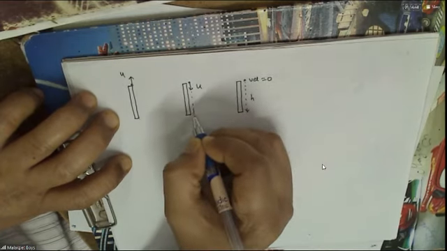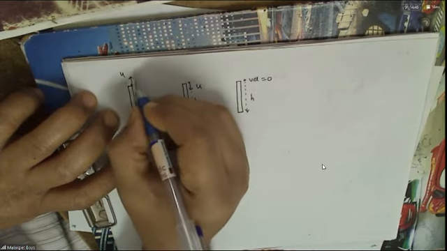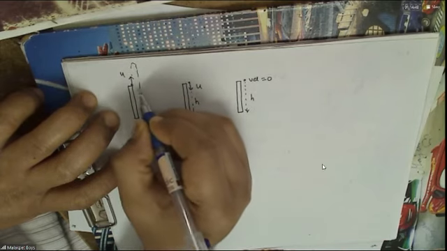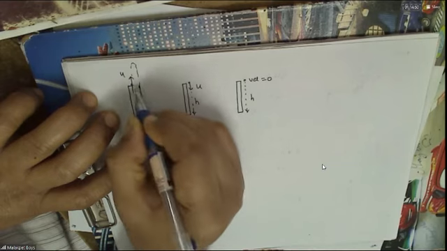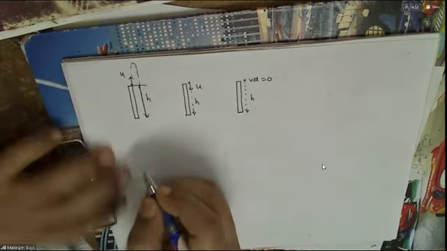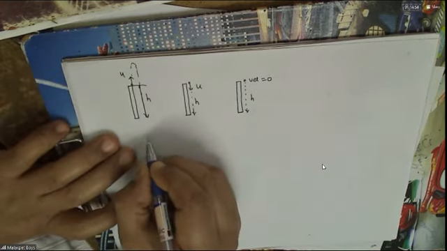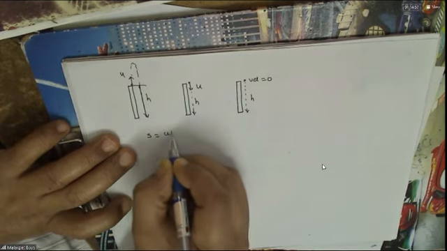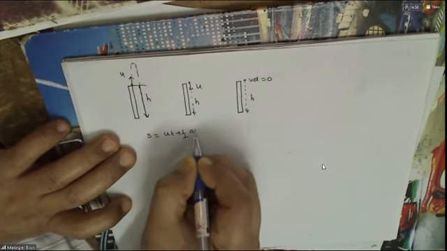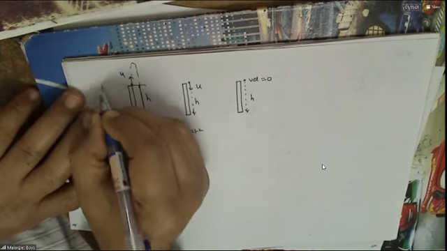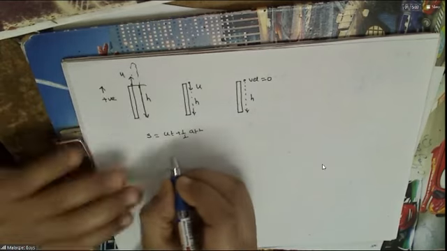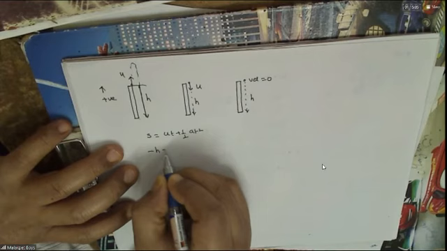So the displacement vector is from here to here only. You can see that S is equal to UT plus half AT square. If you take upward as positive, this is minus H.